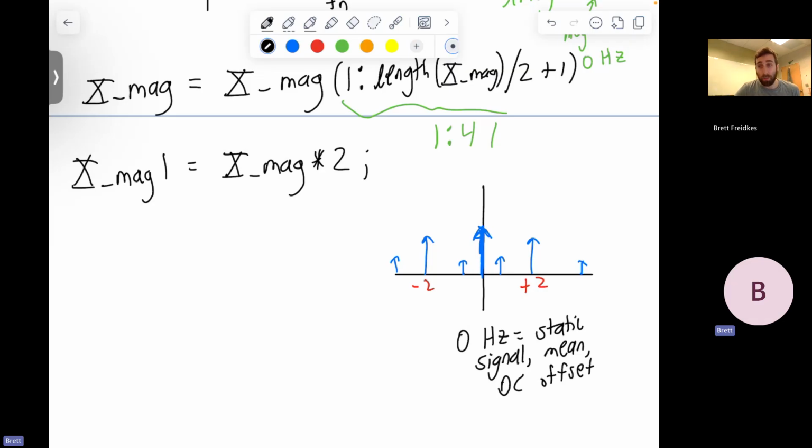And right now, we just doubled that power. So we have to undo that doubling at 0 hertz. Excuse me. So I'm going to say that x mag 1, the first element there, because the first element corresponds with 0.